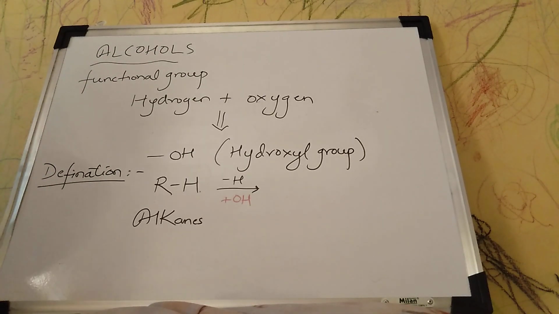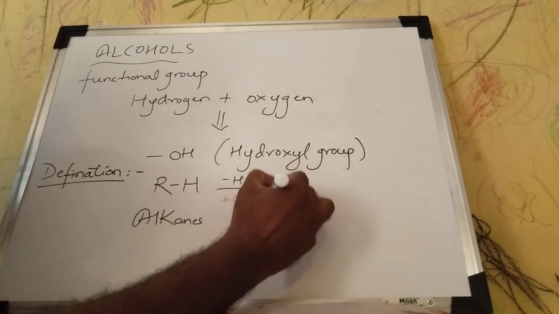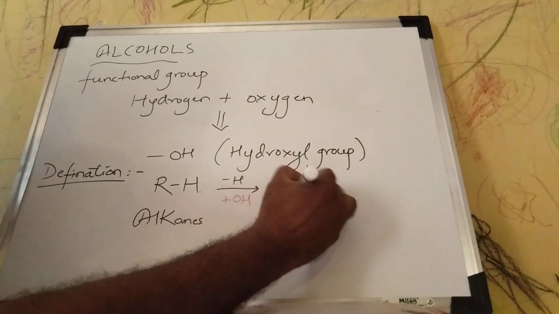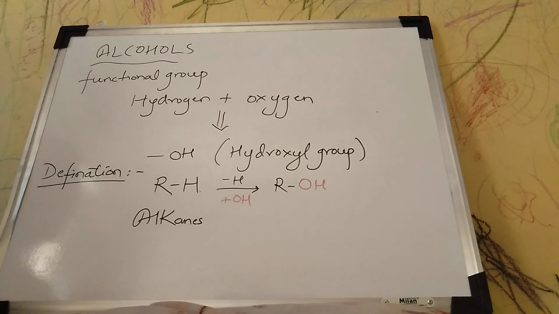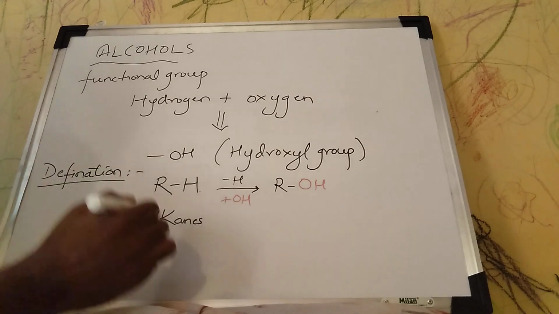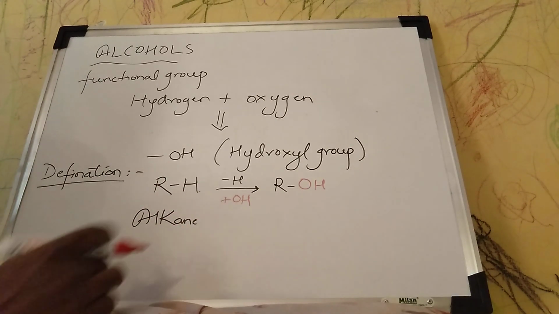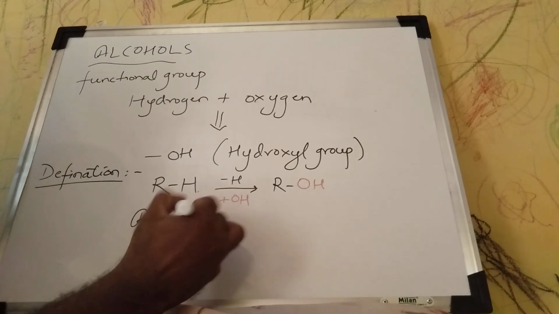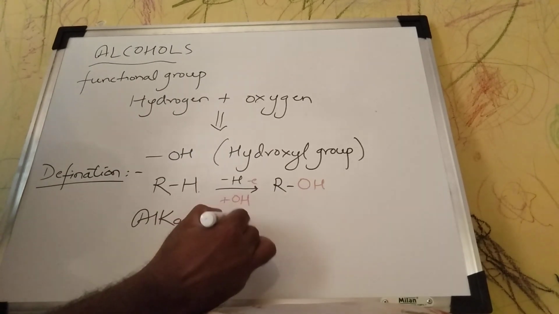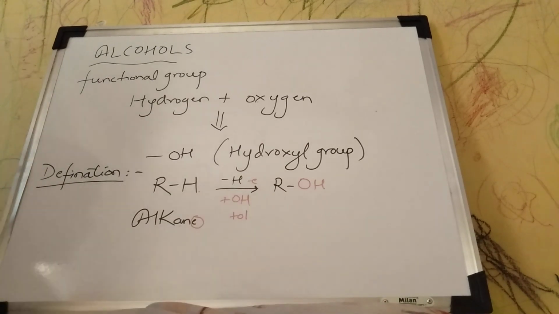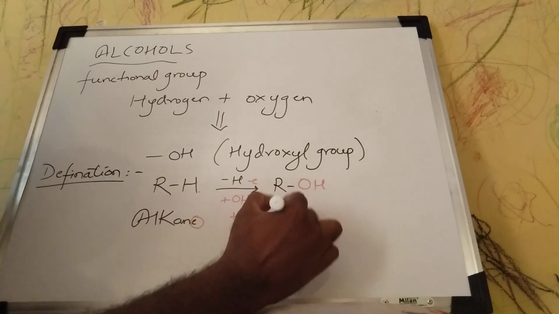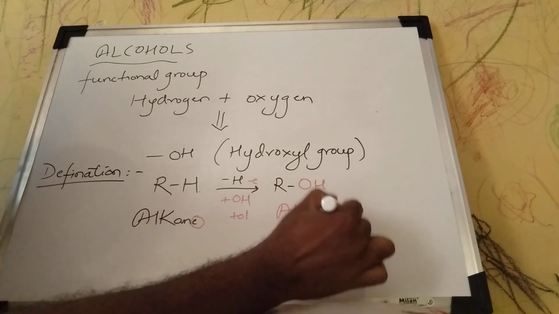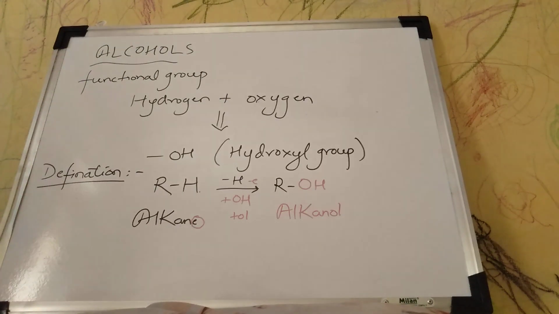The corresponding compound we get is R-OH. The name is derived from the parent itself: the letter E from alkane is removed, and in place of that we add OL. So the IUPAC name for alcohol is alkanol.